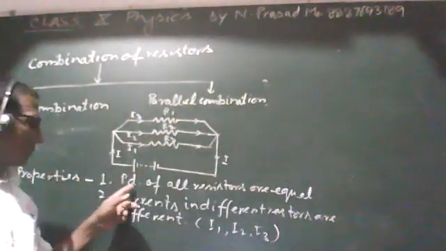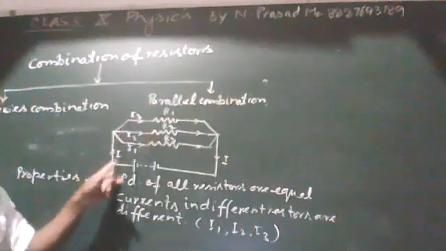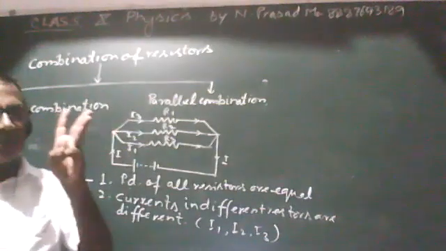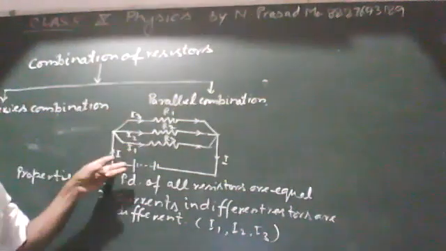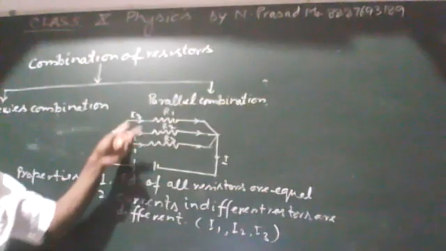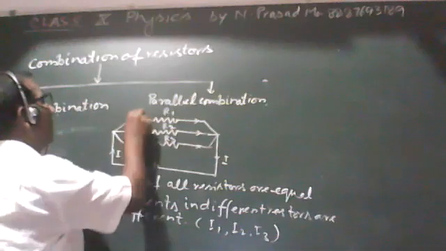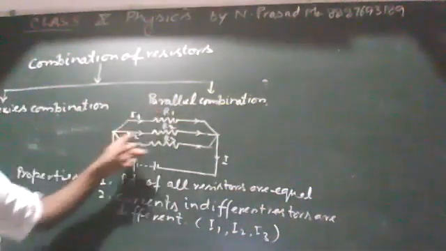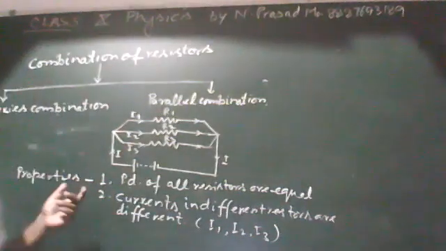Okay, you can see here that three paths are there. So the supply current I is divided into three paths: I1, I2, I3. This one I1, this one I2, this one I3. I1 for R1, I2 for R2, and I3 for R3. Okay, students.